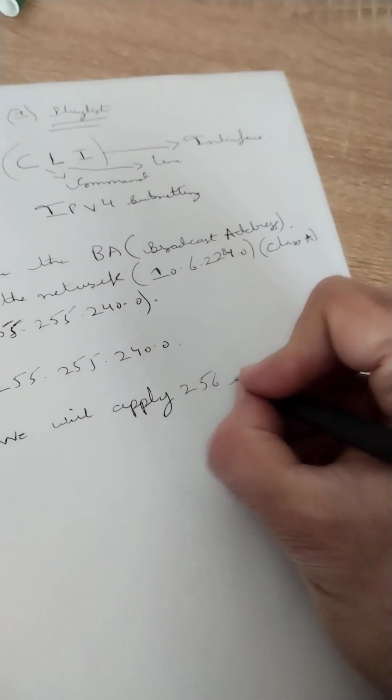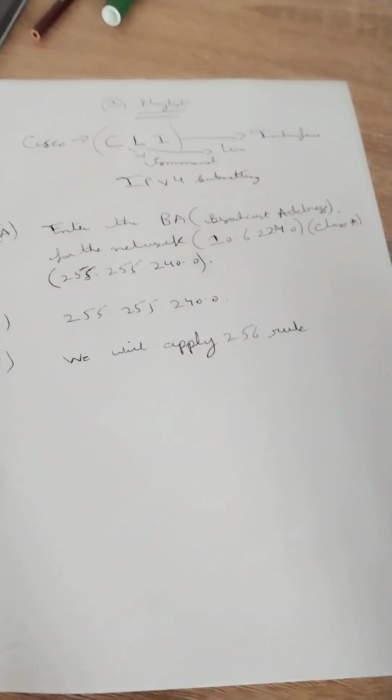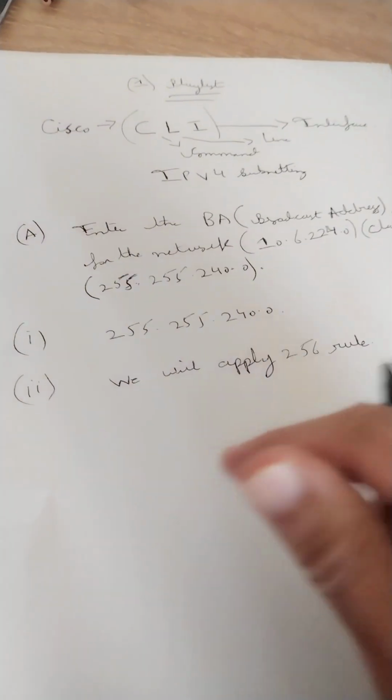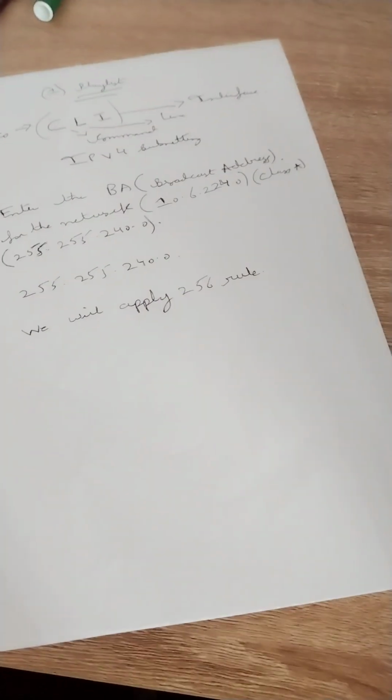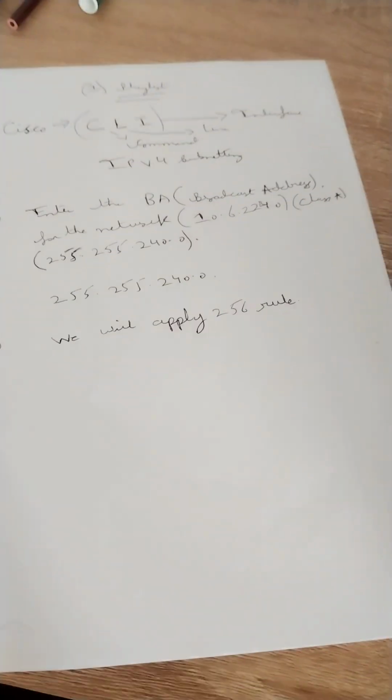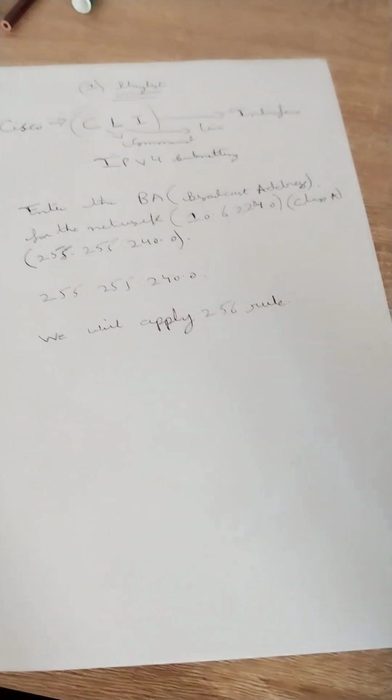the 256 rule. Remember, this is a very important rule of IPv4 addressing. There are a lot of methods to do IPv4 addressing, and this might be one of them. You can always work it out in your mind as well.